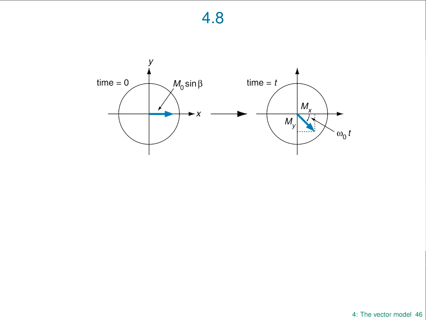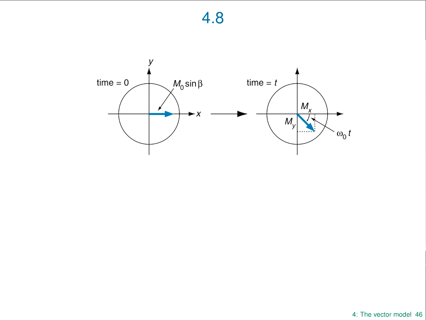Now why is it that? The Larmor frequency is omega naught. That's the frequency at which the vector is going to go round. So if you take the frequency times the time, that gives you the angle through which you've moved. So this vector will go round and round and round and the angle will be omega naught t.